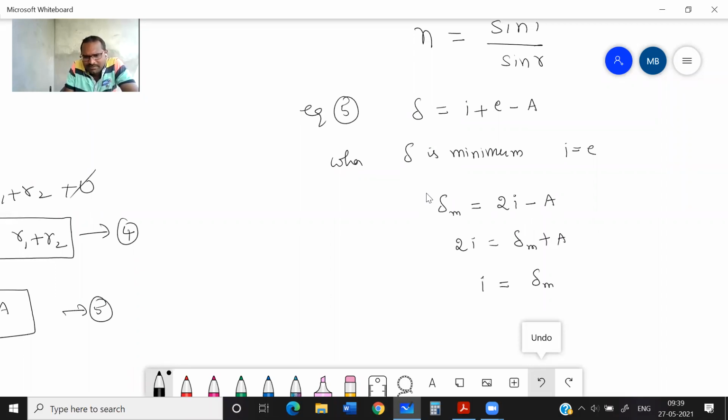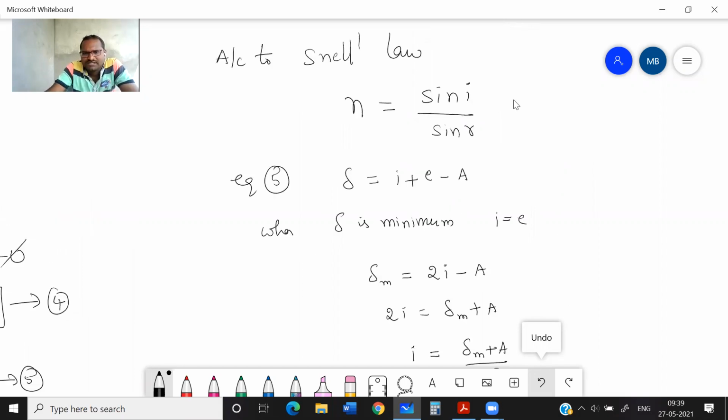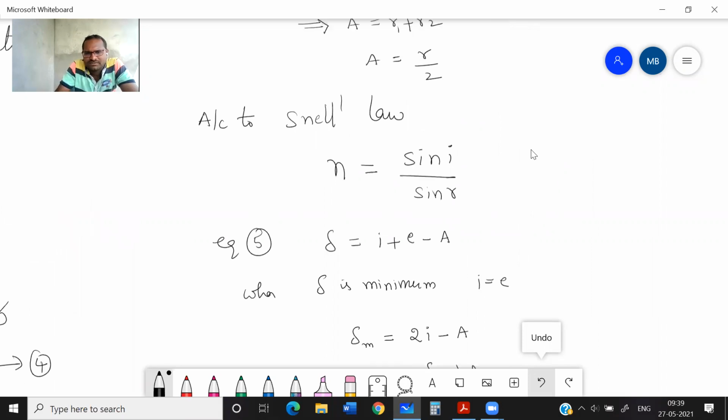Delta minimum plus A by 2. This is equation number 6.